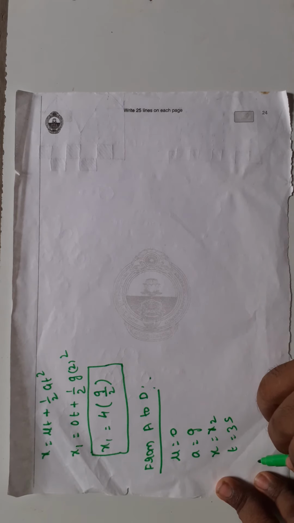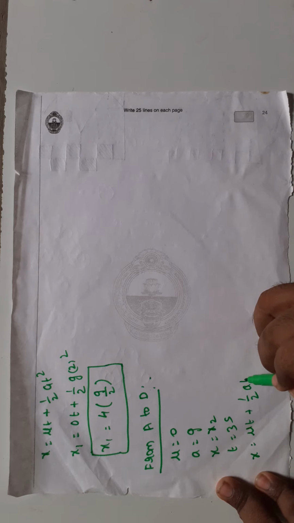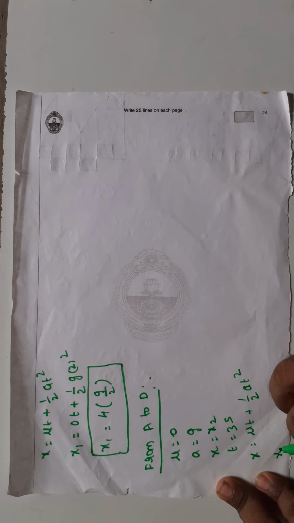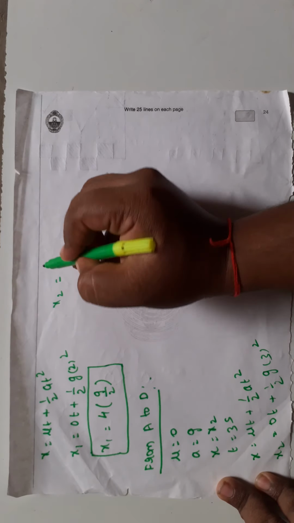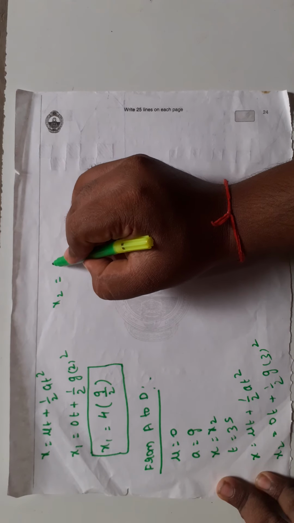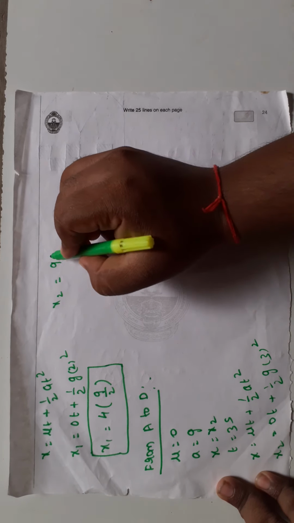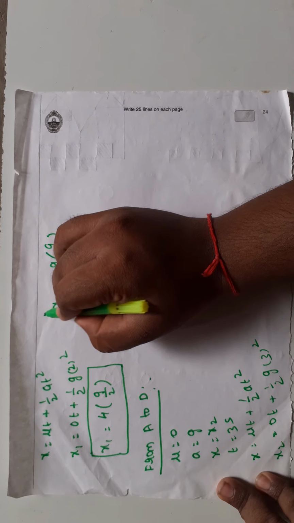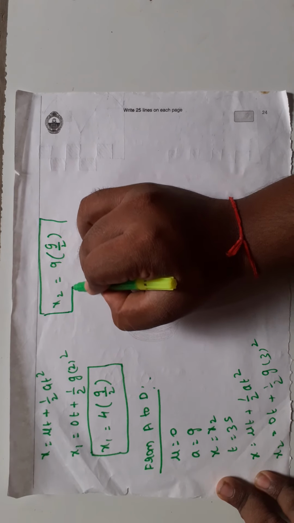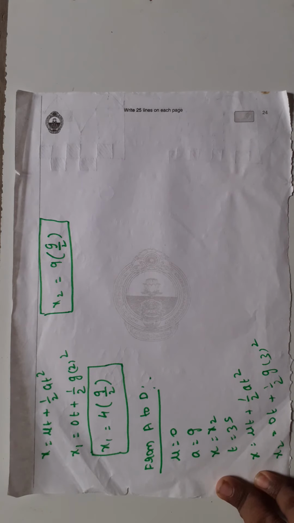Substitute all these values in equation x equal to ut plus half at square. So x2 equals 0 into t plus 1 by 2 g, time value 3 seconds, so 3 square. This total term is 0. So 3 square, 9 g by 2. So this is the displacement x2 from A to D, g into 9 by 2.